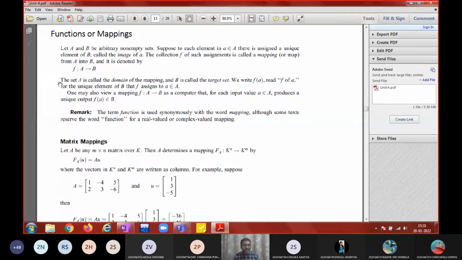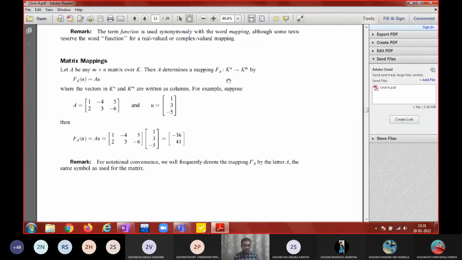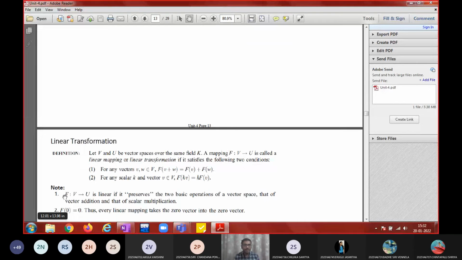So initially we have shown what is a function, and how a matrix can be viewed as a function fA. Okay, we frequently denote the mapping fA by the letter A. A is nothing but the matrix. Okay, fA of u equals Au.